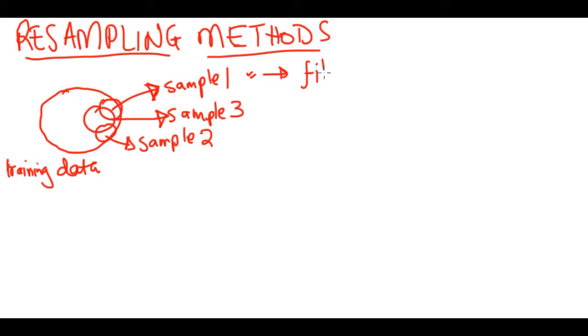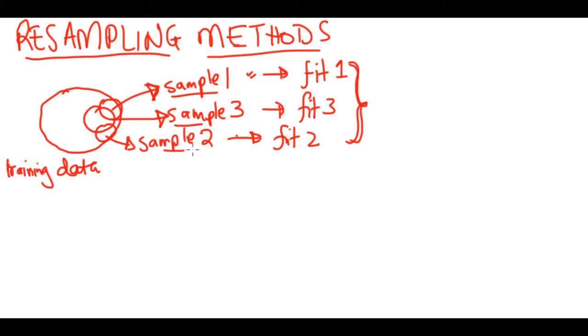Here we have fit number 1, draw another sample and we have fit number 2, draw another sample and we have fit number 3, of the same linear model. We fit it many times because we are repeatedly drawing samples from the same training data.